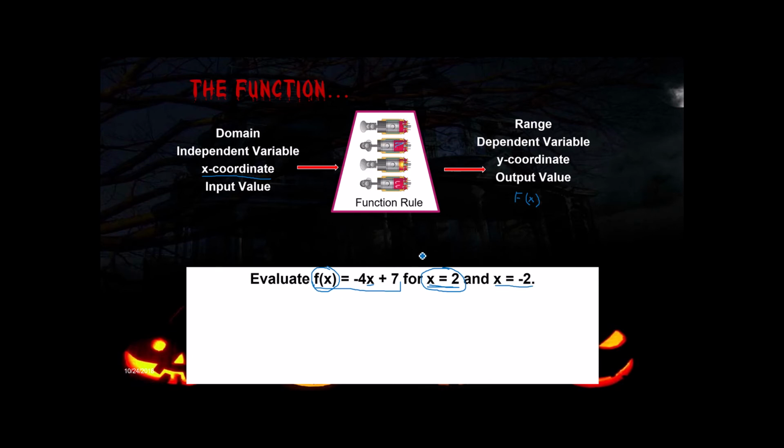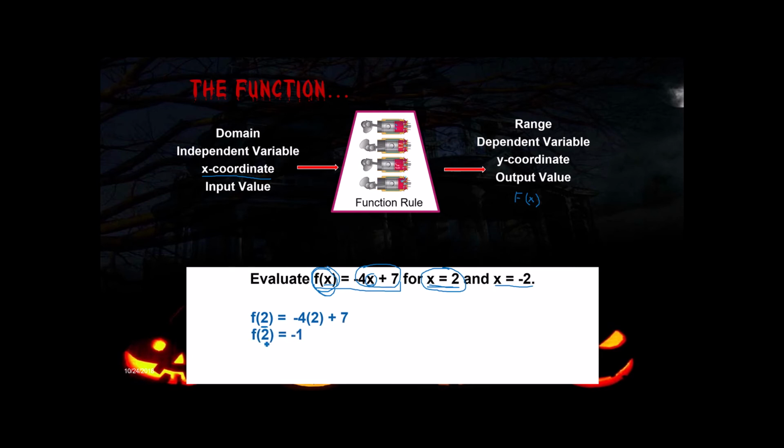Here's how we're going to write this solving our function. If I put 2 into this rule, notice this says the output value for x. So I'm saying the output value, if I put in a 2, is equal to, I take this rule, and anywhere I see an x, I'm going to put that 2 in instead. -4 times 2 is -8 plus 7.